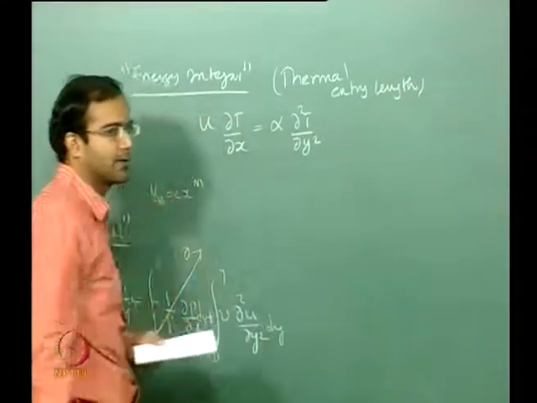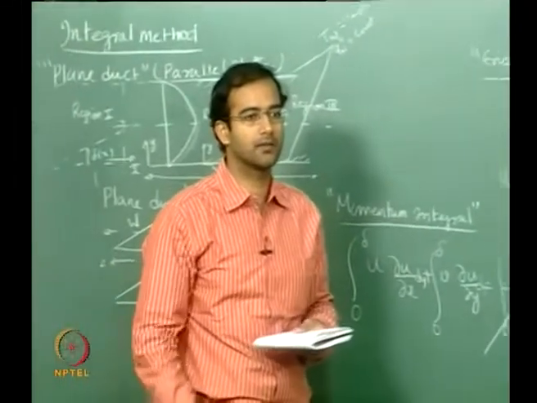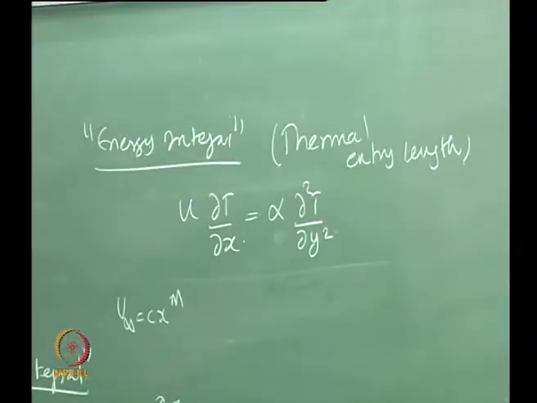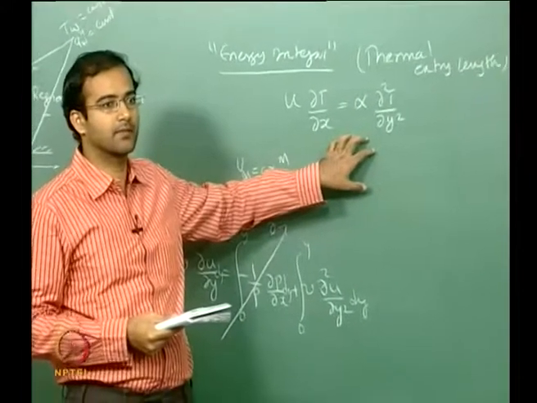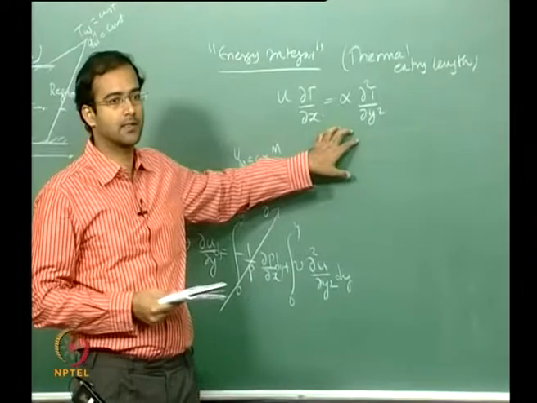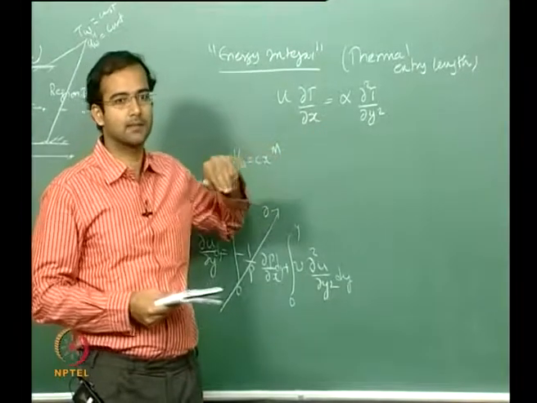In the Cartesian coordinate system. In the classes we were doing this for the cylindrical coordinate system for the case of circular duct. Right now we are looking at only the Cartesian coordinate system, that is for plane ducts.